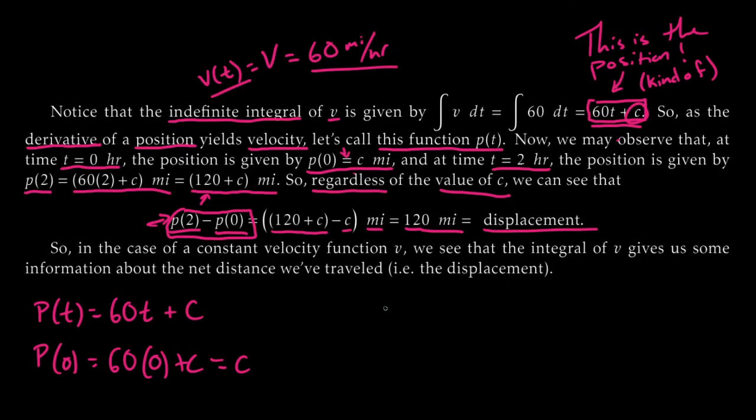But the basic gist of it is that when I'm calculating an indefinite integral, if I evaluate the result at the endpoints of my interval, I'm getting information about how far I went. I'm getting information about an area under a curve.